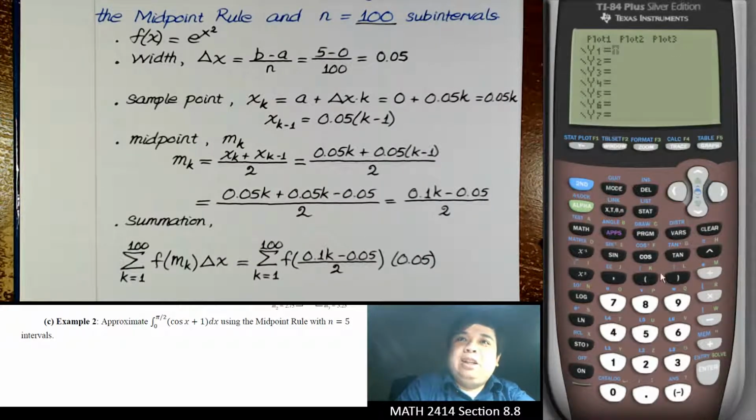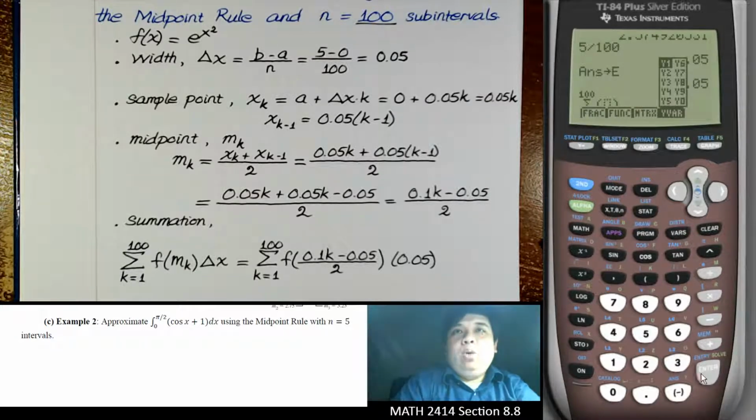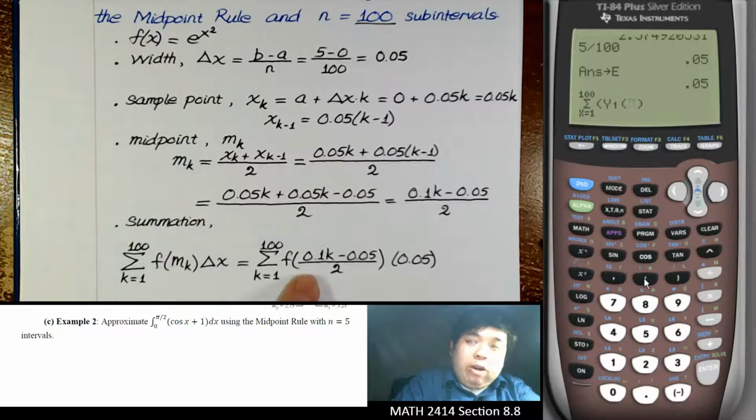Nope. Second e to the x squared. Right? Right. Enter the function first. And then alpha trace y1. We will evaluate at this point a fraction 0.1 x. So instead of k, I use x.